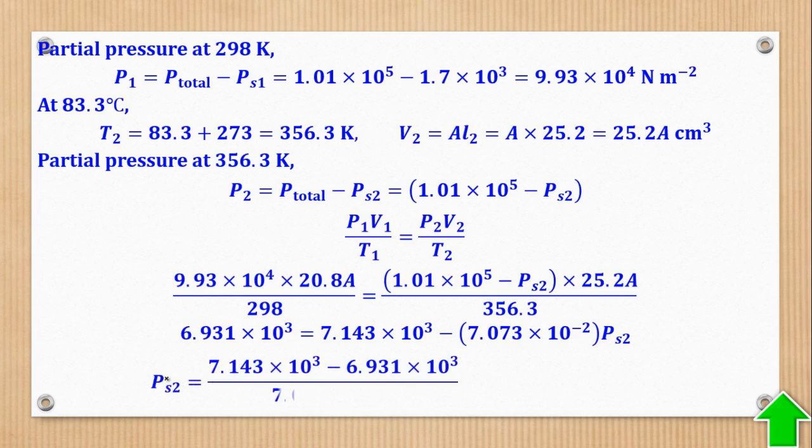Then I'll make PS2 the subject to give you this as the saturated vapor pressure at this temperature of 83.3 degrees Celsius.